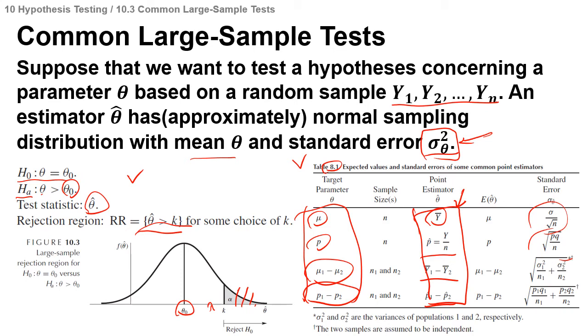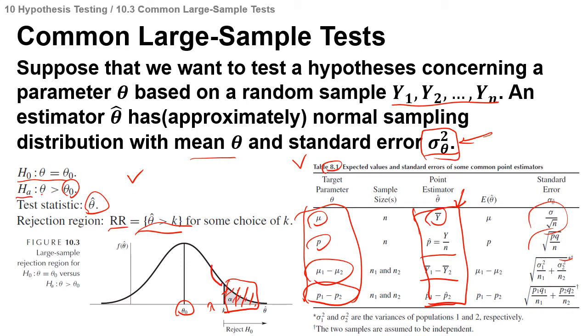And to decide the rejection region, as we learned from the previous chapter, we consider the type 1 error rate and type 2 error rate. Here alpha is the type 1 error rate, the probability of the rejection region under the null hypothesis, so the area here is alpha.